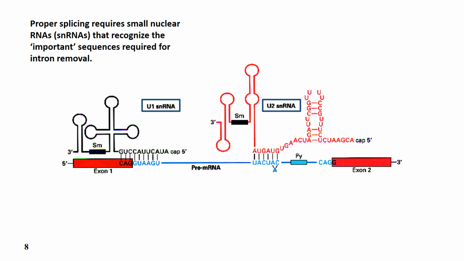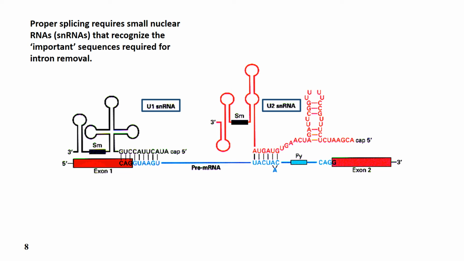U1 snRNA recognizes the sequence AG, GU, and surrounding sequences associated with that upstream exon/intron border. A second small nuclear RNA, U2, recognizes the branch point A.